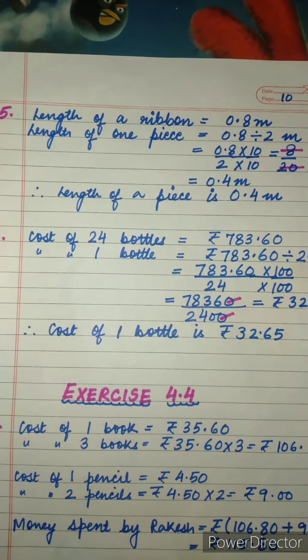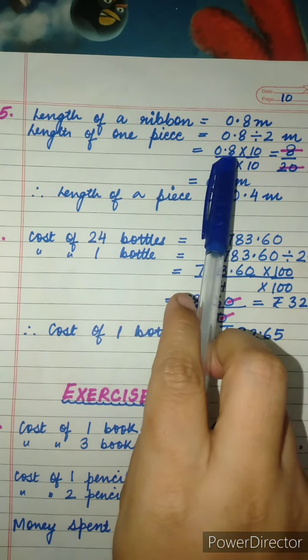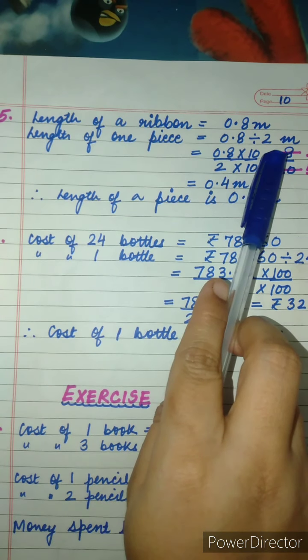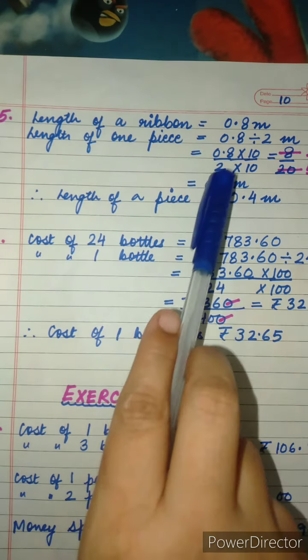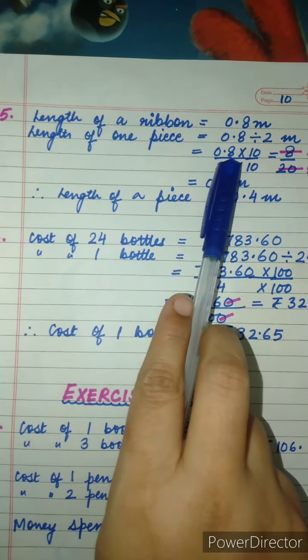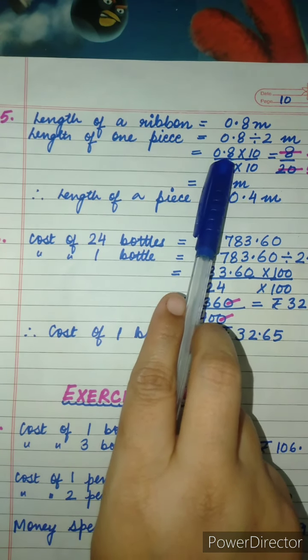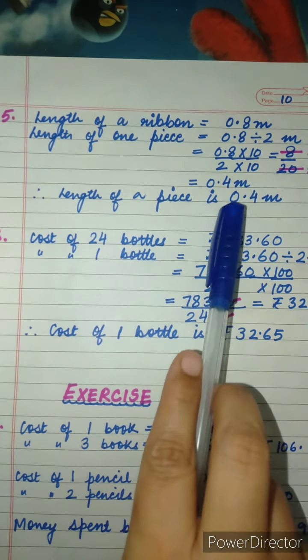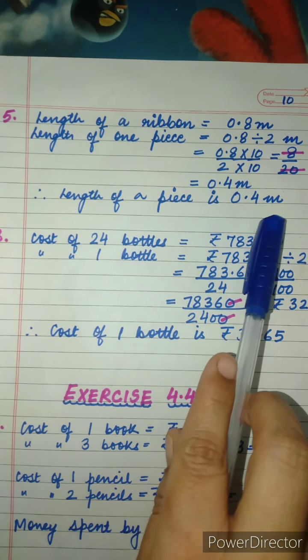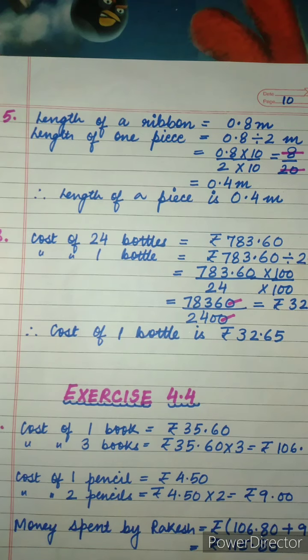So that means we have to divide the length of the total ribbon by 2. So that is what we have done, 0.8 divided by 2 meters. So we have written 0.8 upon 2. Again we are going to remove the decimal. So we have written into 10 into 10. That will give you 0.4 meters. Therefore length of one piece is 0.4 meters.